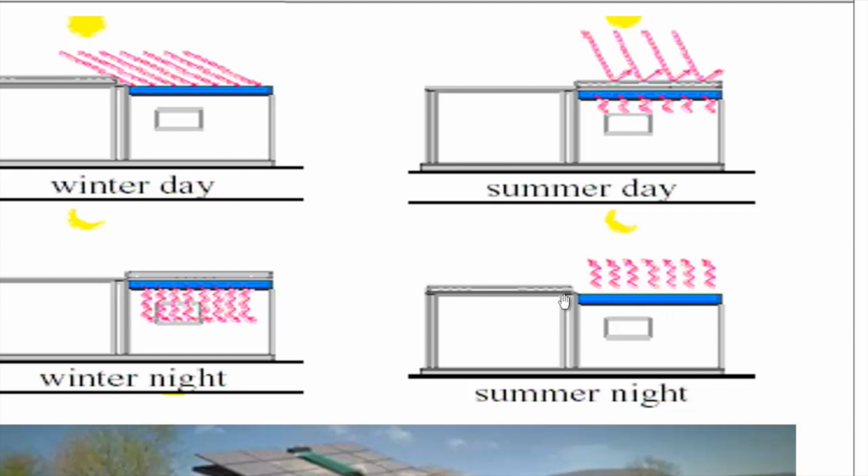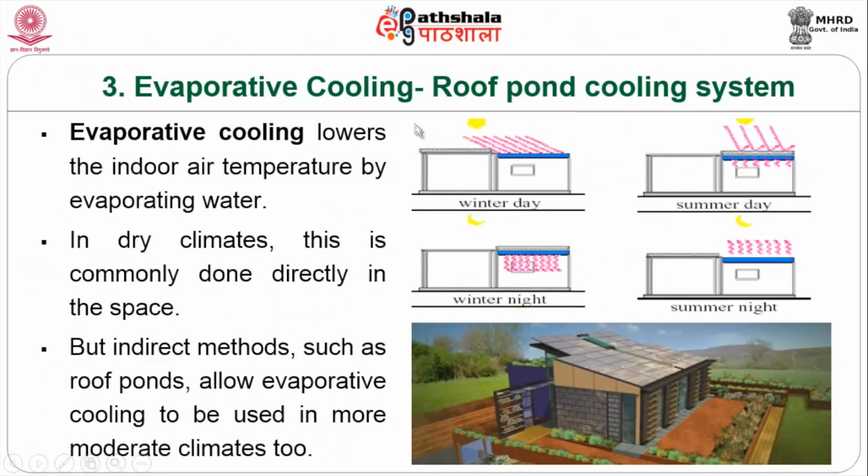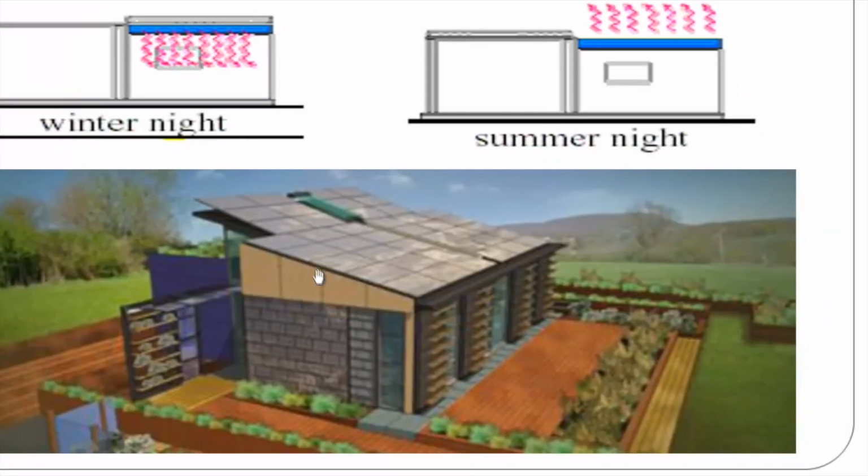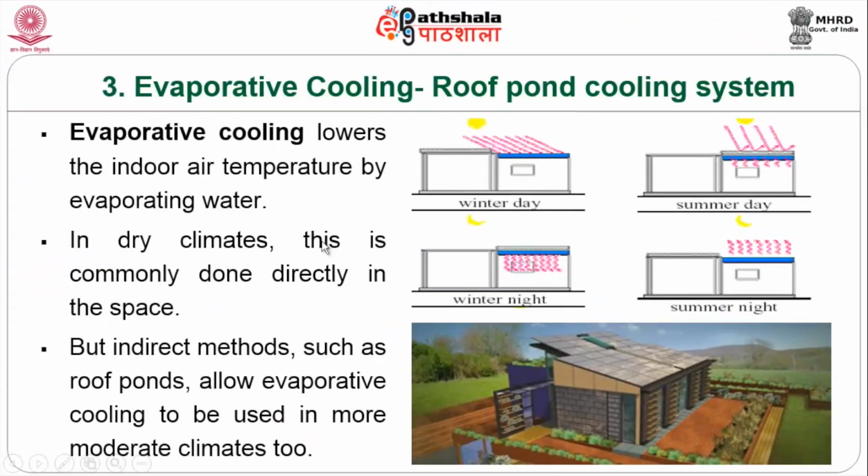During the night, the pond is opened and the heat is released outside. So, this is the principle of evaporative roof pond cooling system. This is the cover which is laid on the roof pond, and this is the roof pond cooling system.